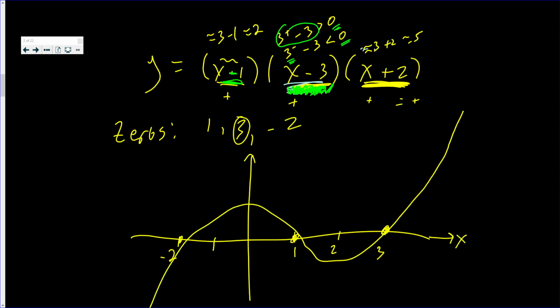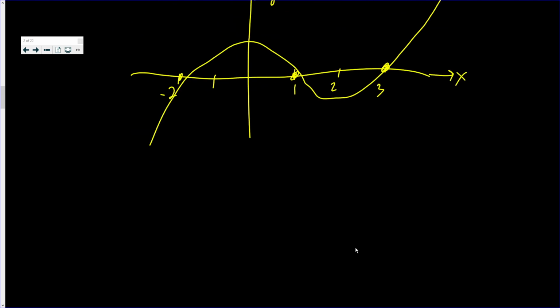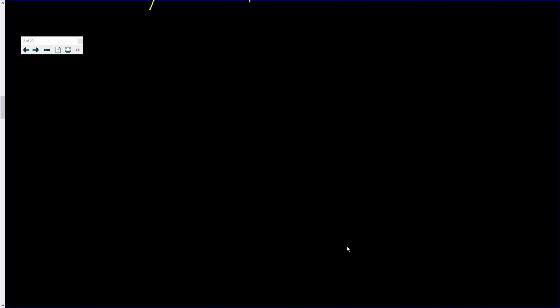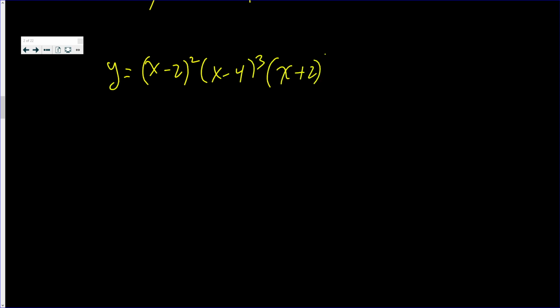Now obviously, there's a reason we just talked about that. Suppose you were asked to graph y is equal to (x minus 2) squared times (x minus 4) cubed times (x plus 2) to the 5th.